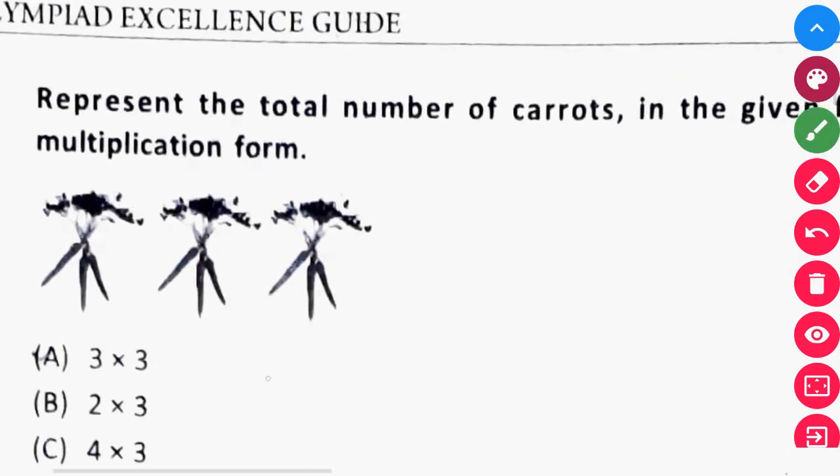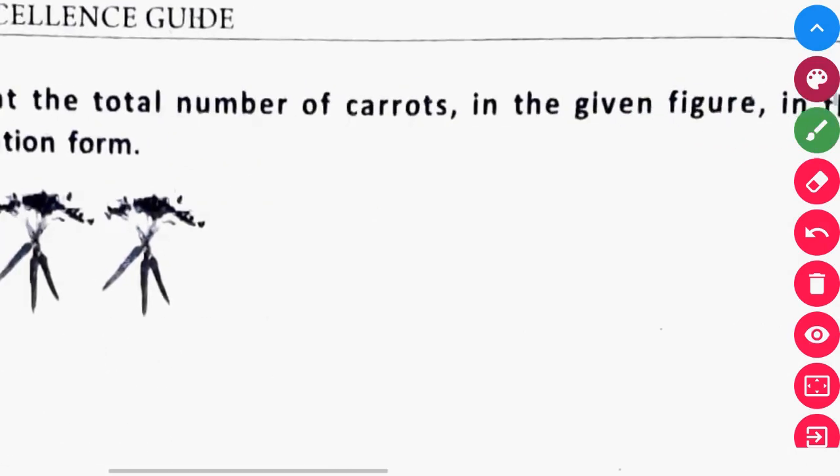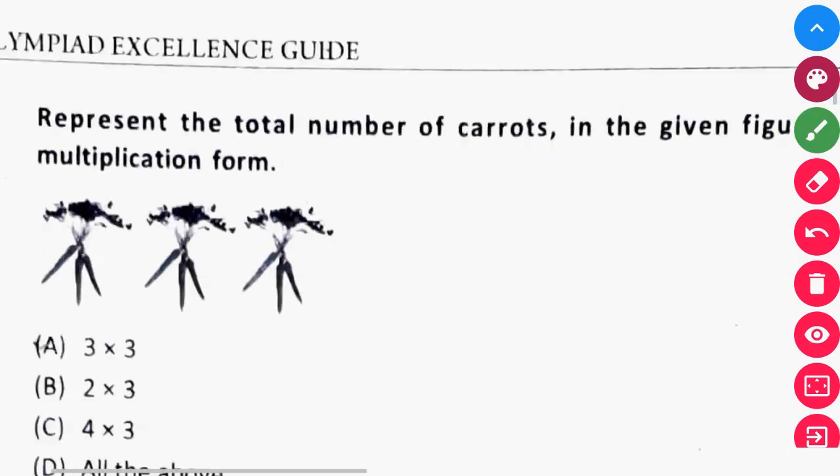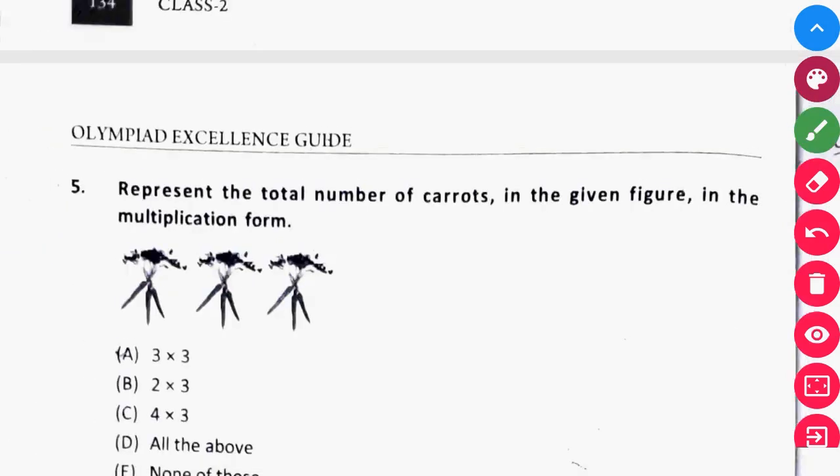Now see, represent the total number of carrots in the given figure in the form of multiplication. Now see how many carrots are there. 1, 2, 3, 4, 5, 6. Means here 3, here 3, here 3. Now the total number of carrots is 3 plus 3 plus 3, which means 9.